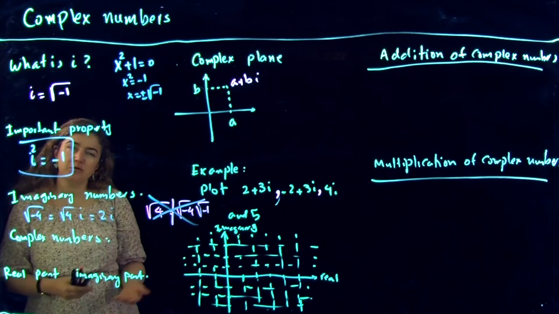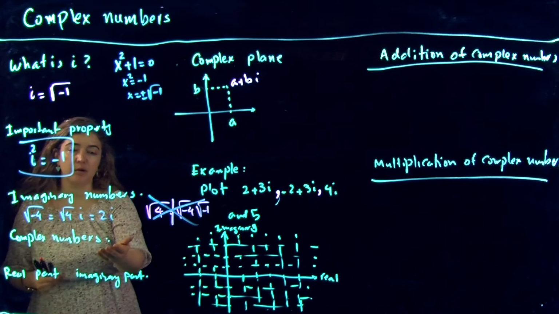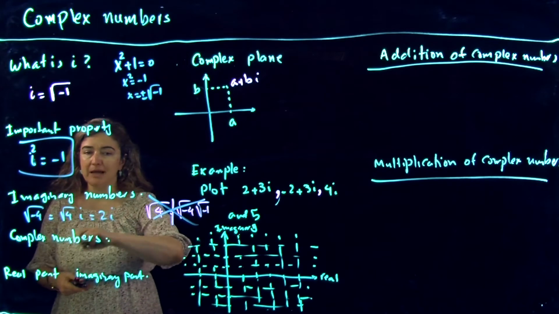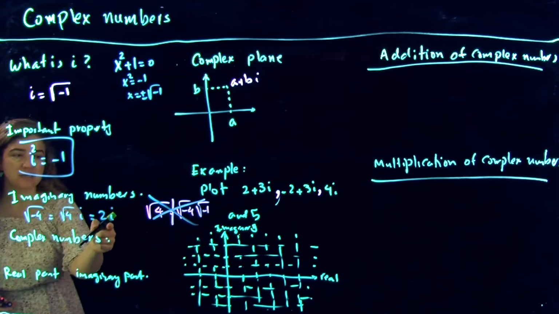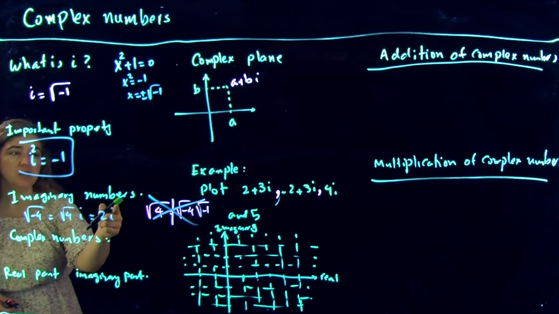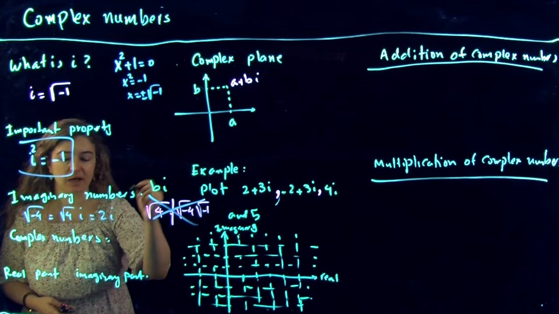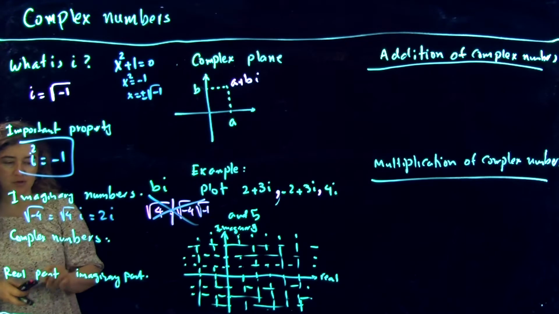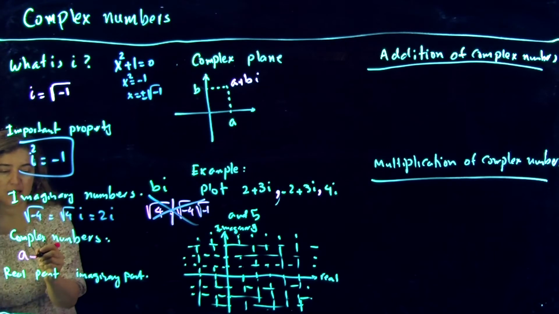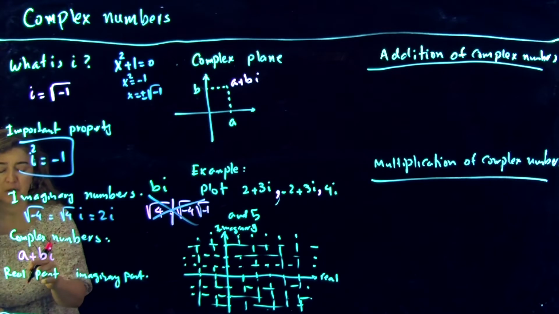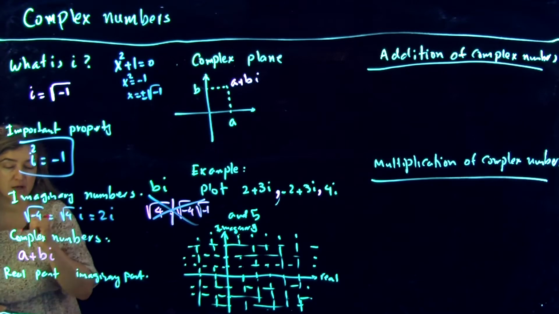So you should be able to add a real number to an imaginary number. So this was an example of an imaginary number. All imaginary numbers look like this, b times i. A complex number looks like this: a, which is a real number, plus b, which is a real number, times i.